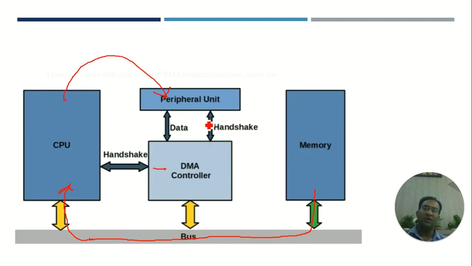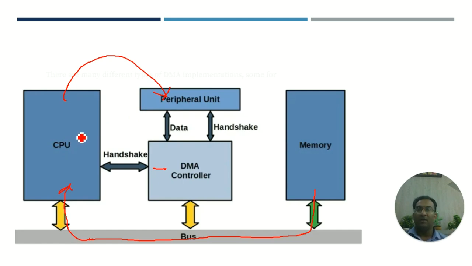So in both the cases, if there is no DMA controller, there is an intermediate device, that is the CPU, which handles this task. And we know that in comparison to the peripheral unit, the CPU is much slower because it is involved in many other tasks also. So this transfer will take some time.